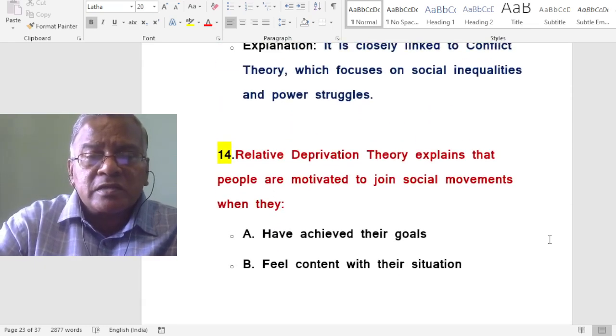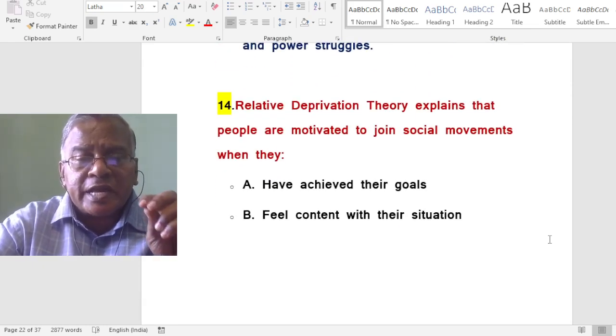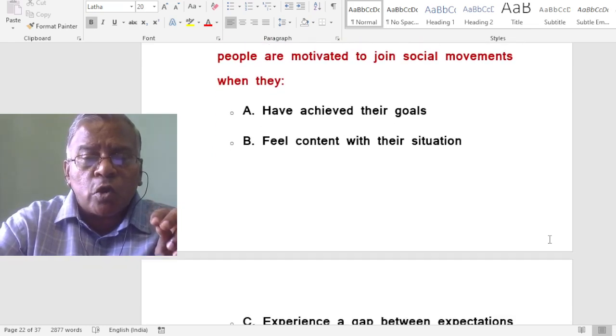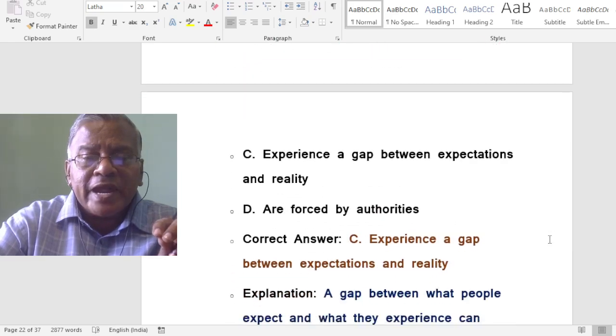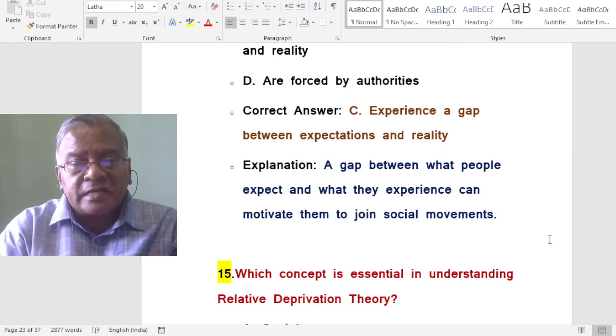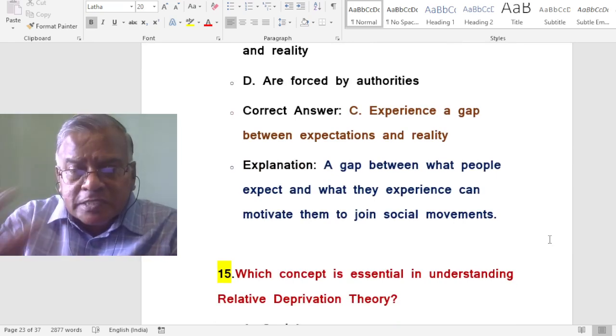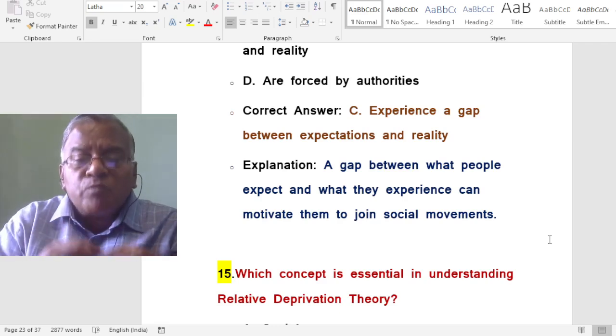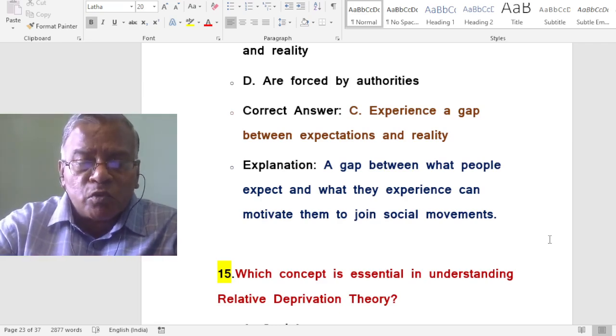So what is the correct answer? When they experience a gap between expectations and reality. A gap between what people expect and what they experience can motivate them to join social movements.